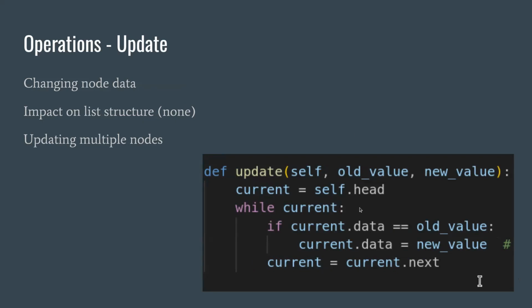So we can see that this also uses a while loop, and it tries to see if the current data matches the old value. If that's the case, then it replaces current data with the new value.